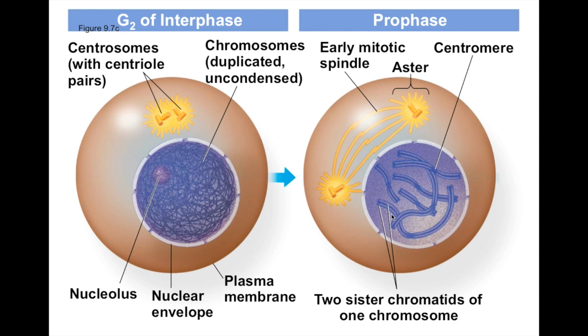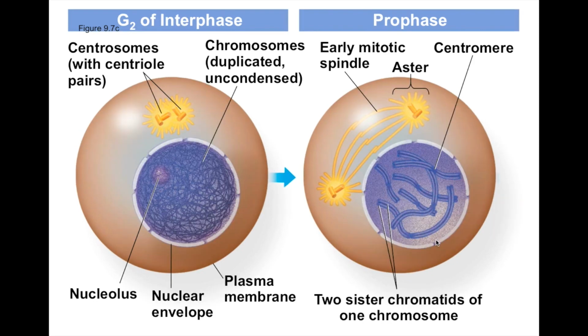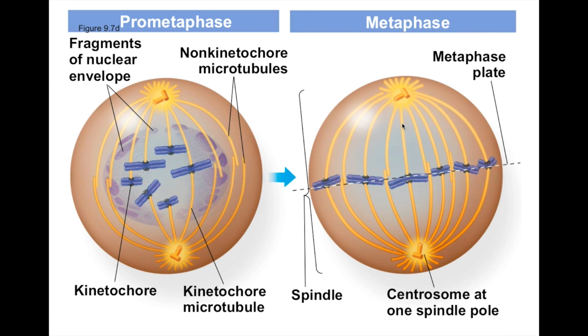And notice how this is doubled, by the way. That happened in S phase. And then in prometaphase, the nucleus starts to disappear. Notice that little purple piece, like over here, that was this thing. And now it's almost gone. And that needs to happen so that this can happen. So if on a test I was to ask you, when would the nucleus disappear?